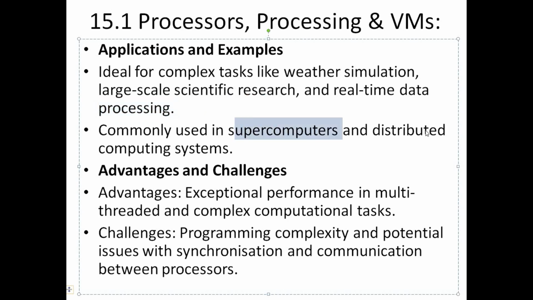These are commonly used in supercomputers and distributed computing systems. They are not really available for everyday use because obviously they're very costly. Advantages: exceptional performance. Disadvantages: programming complexity. I mean, you have to be a super genius kind of a coder to deal with it, because there can be many issues with synchronization between so many different processors, and as a coder you have to address them.